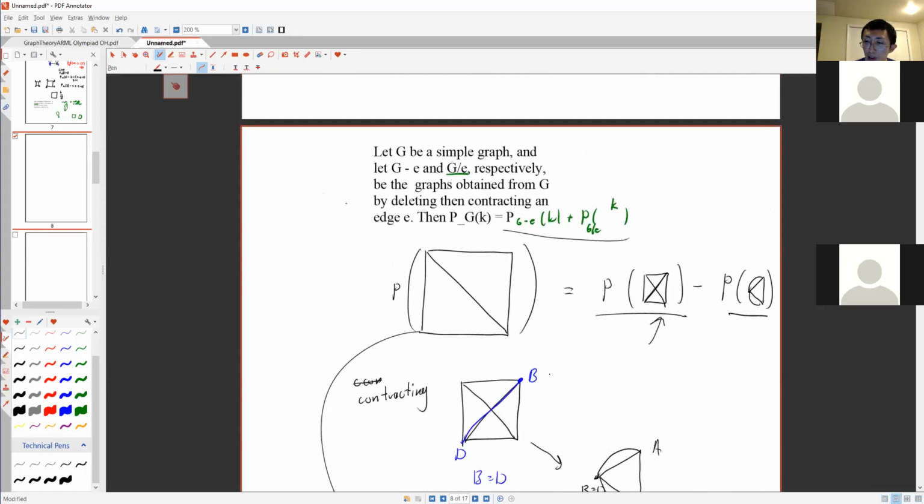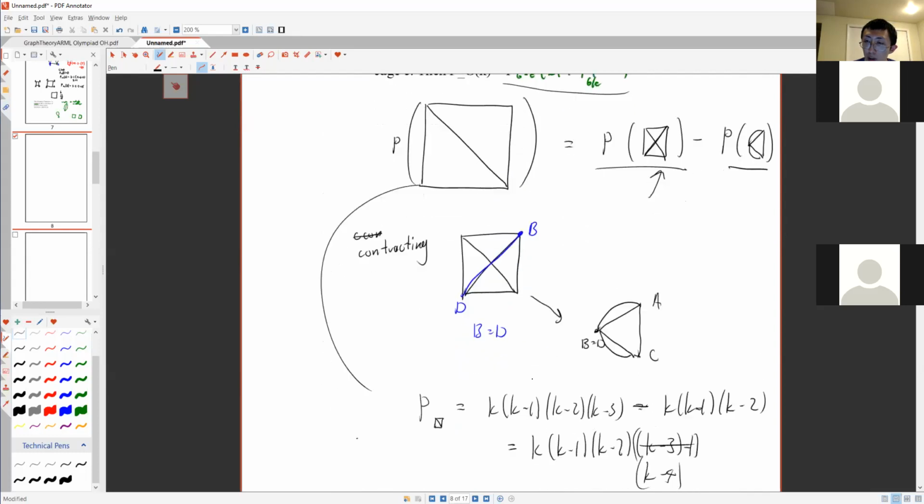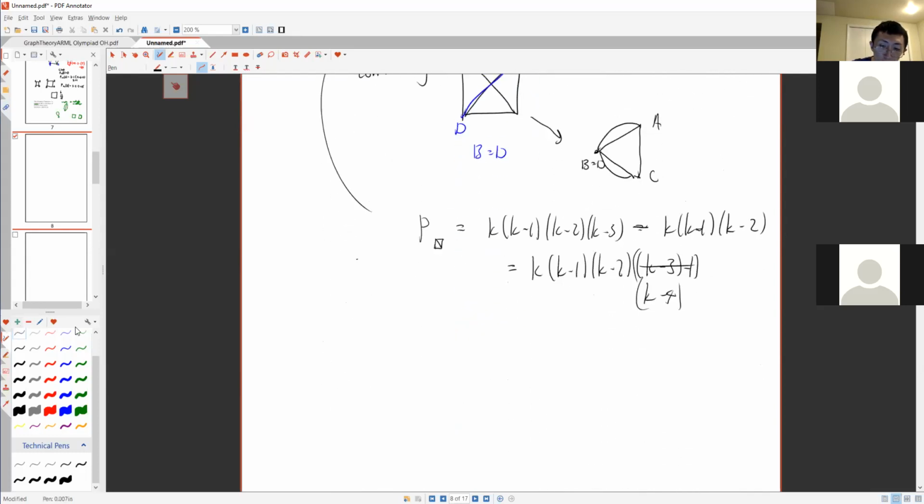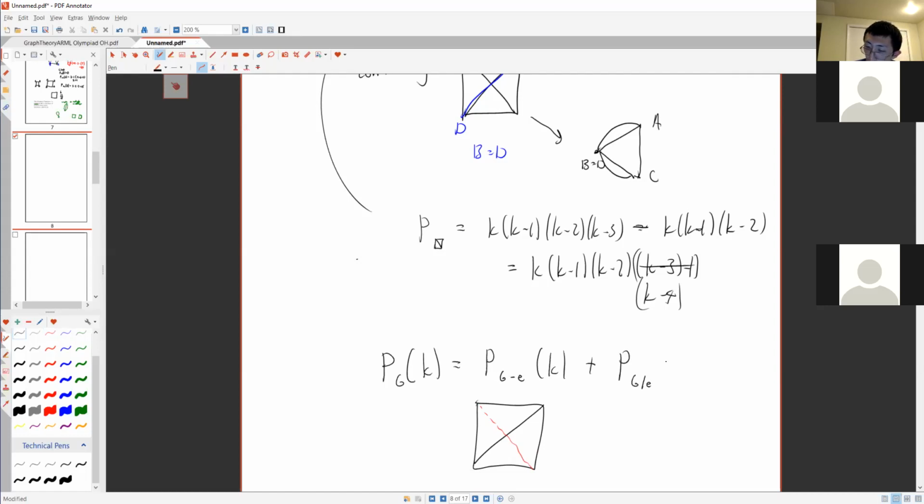So, let's see if we can prove why this is true. You have any graph, and supposedly it's the sum of the chromatic polynomials of the graph where you delete this edge, denoted G minus that edge, and then the chromatic polynomial of G contract the edge.